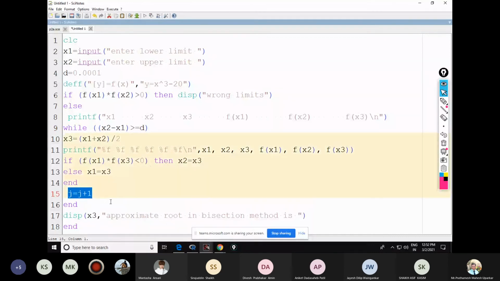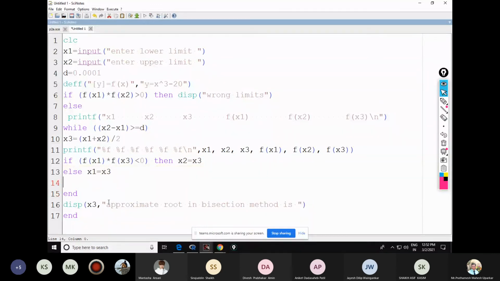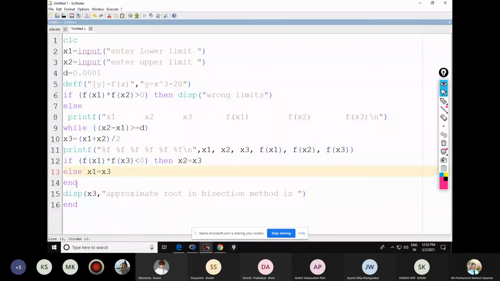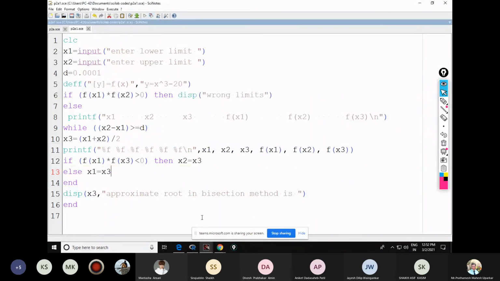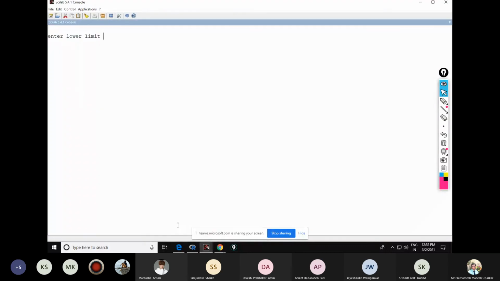I don't require this j is equal to j plus 1. Let's see. Okay, so let me save and execute. I will write here in Scilab codes practical 2A, I will write 2A1 instead of A, and save. Let us see whether my program runs correctly or not.